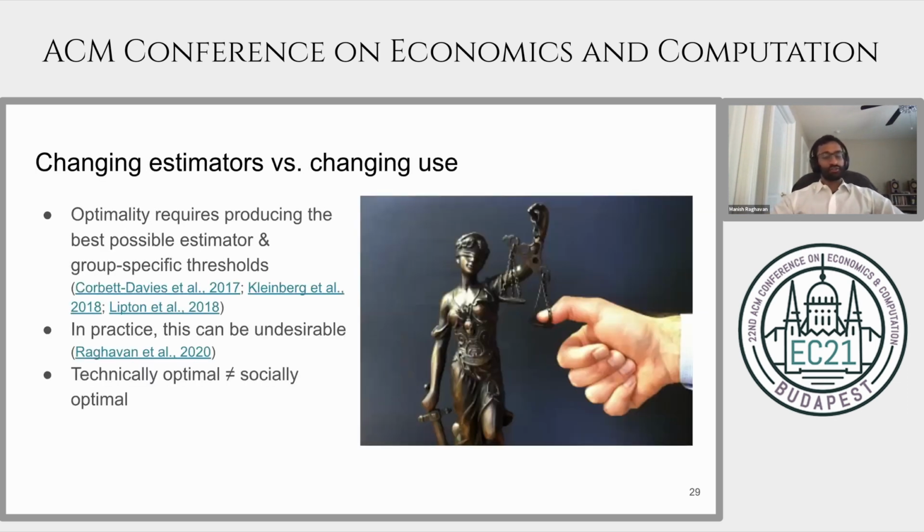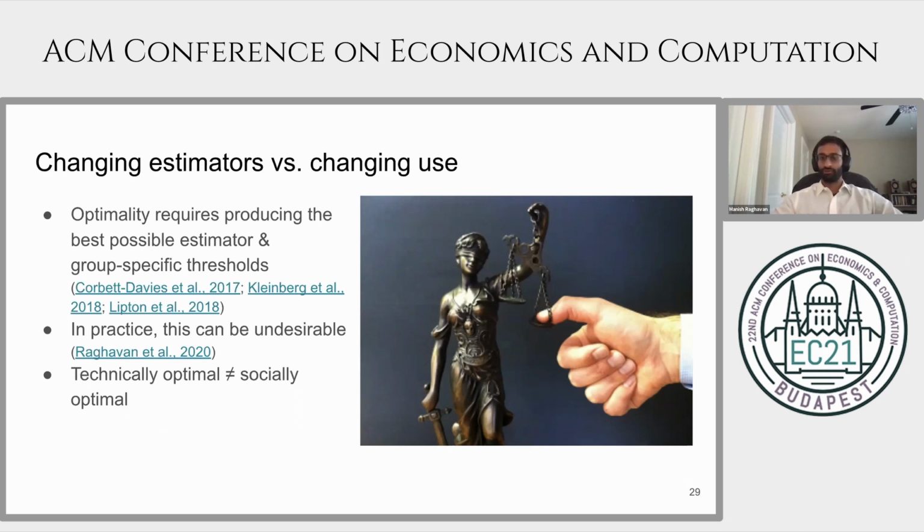Next is a slightly more subtle point on looking at estimators and the way that we use them. So you might have a high-level question of, should we even change the way that we do machine learning, or should consumers of machine learning predictions change the way they use those predictions in order to promote goals of fairness?